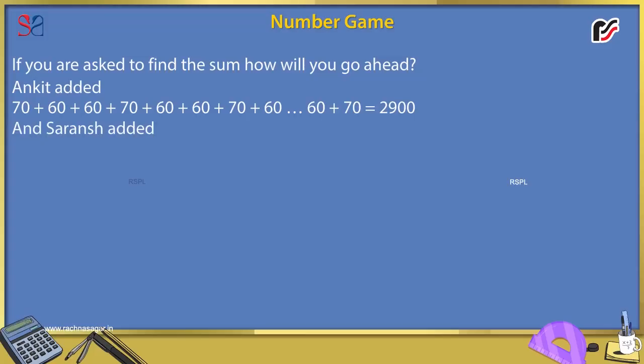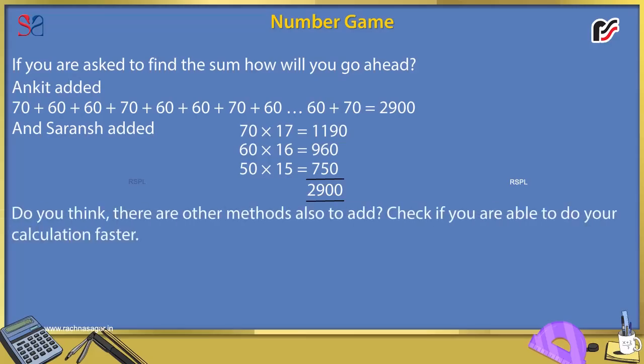And Saransh added 70 multiplied by 17 is equal to 1190, 60 multiplied by 16 is equal to 960, 50 multiplied by 15 is equal to 750, which is equal to 2900. Do you think there are other methods also to add?